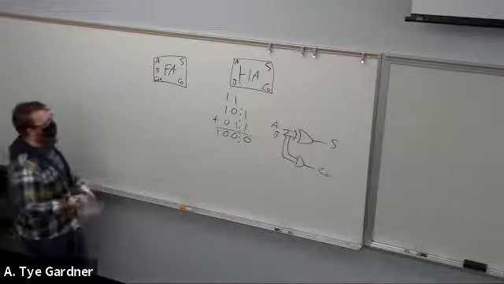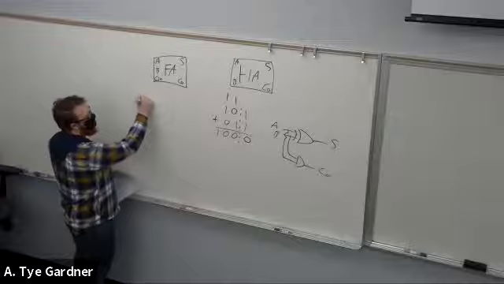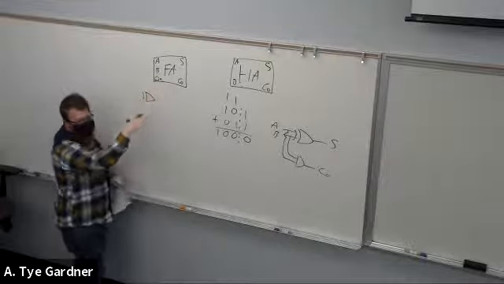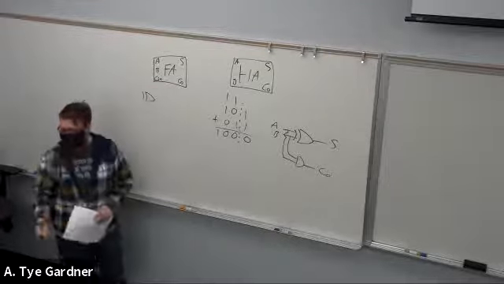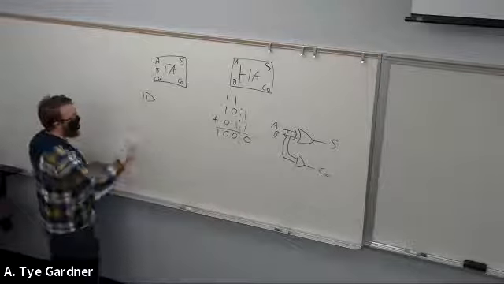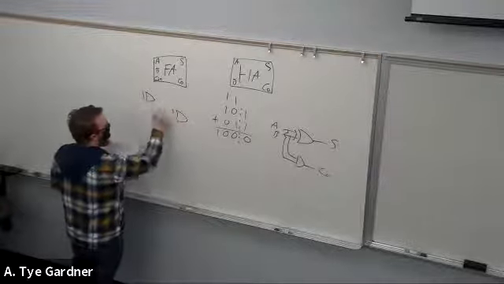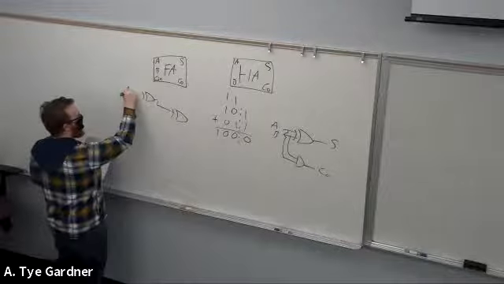Now the full adder, right, gets a little bit more complicated in that we have to deal with the carry in, so it's a 3 input, right? So we have 8 rows of the truth table. One implementation of this circuit looks like this.